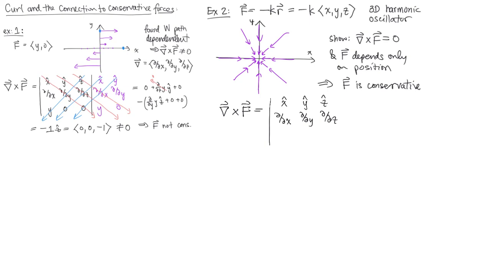First row, unit vectors, second row, first vector in the cross product, third row, the force. Okay. And I copy out each of these terms in the first 2 columns one more time. And I do multiplication along the diagonals.